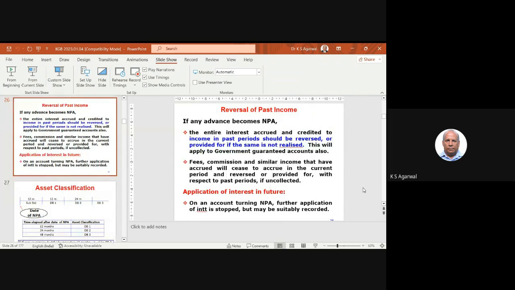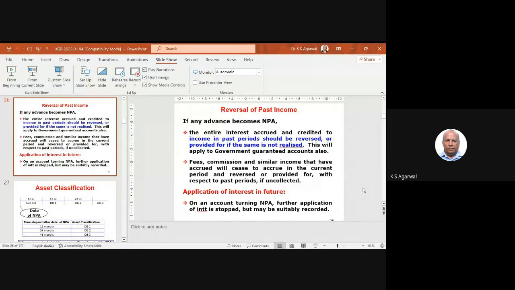Reversal of past income. Whenever an account becomes NPA, for past periods, I will see what are the interest entries in this account. For term loan, from the date of sanction. For CC, from the date of last renewal.